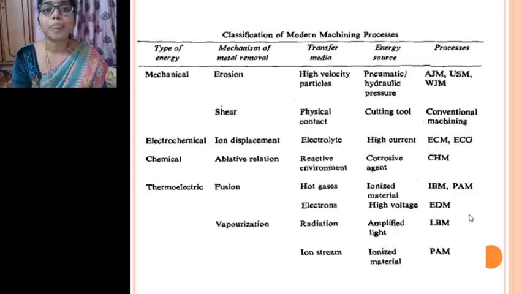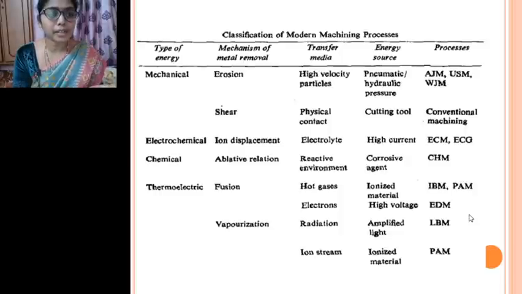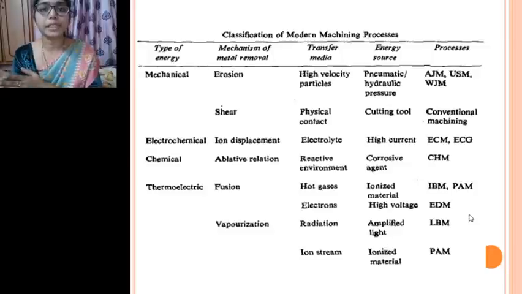Or ions, the gas which is used will be in the form of ions, and then it will be impinged on the surface. When these ions come and hit the surface, at that particular point the material will reach up to its vaporization point. Whenever a material is subjected to heat, first the material will be heated, and then afterwards it will melt, and then afterwards it will vaporize.